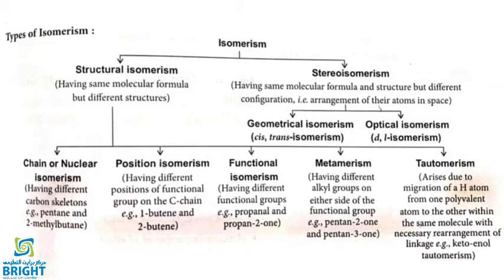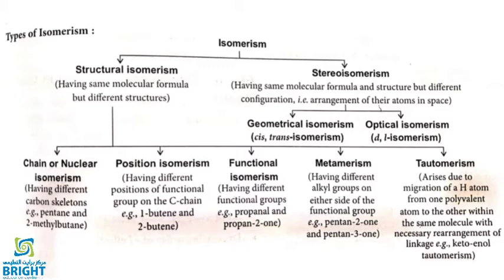Structural isomerism has the same molecular formula but different structural formula, and stereoisomerism has the same molecular formula and structures but differs in arrangement. Structural isomerism is further classified into chain isomerism, position isomerism, functional group isomerism, metamerism and tautomerism. And stereoisomerism is classified into 2, that is geometrical isomerism and optical isomerism.